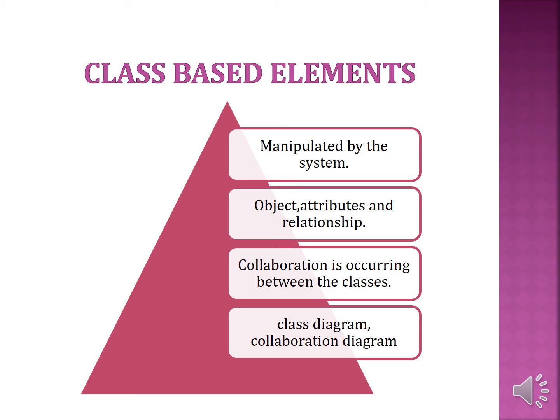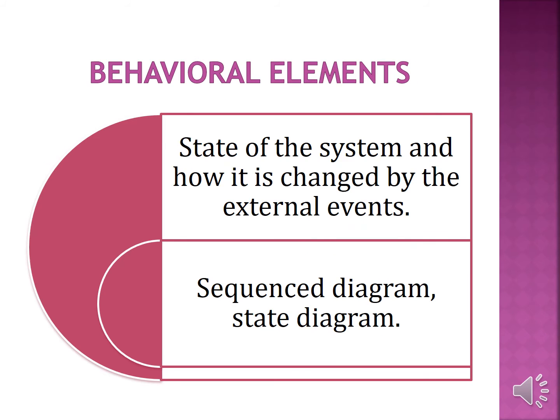Then the next one, that is the behavioral elements. The behavior of a computer based system can have a profound effect on the design that is chosen and the implementation approach that is applied. Therefore, the requirements model must provide modeling elements that depict behavior.